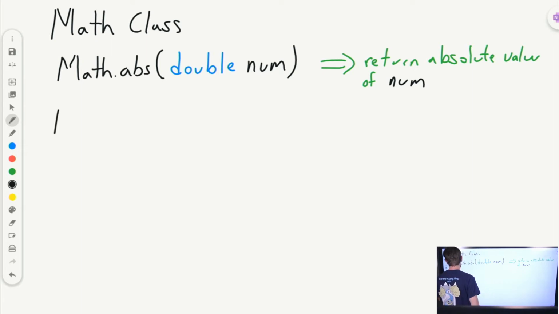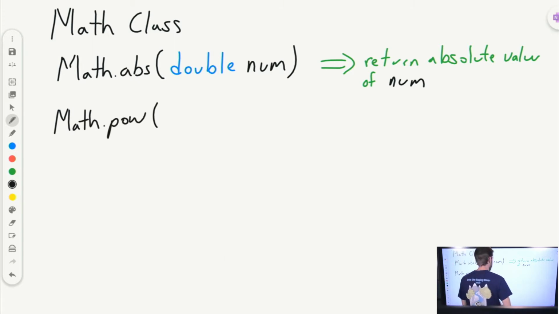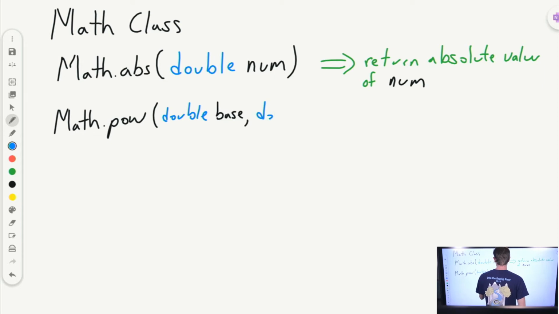The next one is Math.pow. This takes in two doubles. It will take in a double as our base, and another double as our exponent.